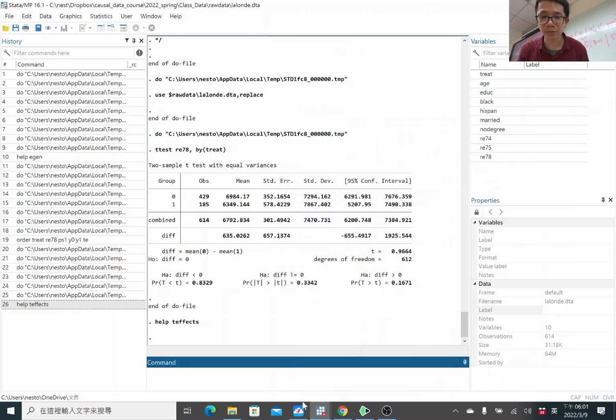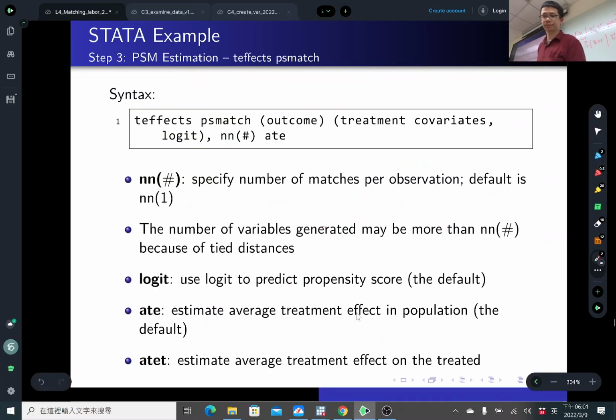You can explore by yourself using the help. And the information you need to put in this command is outcome. Oh, here is the earnings. And the treatment is whether you go to job training program or not. And other covariates, age, education, other things.